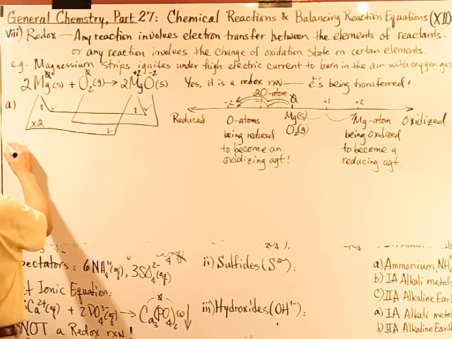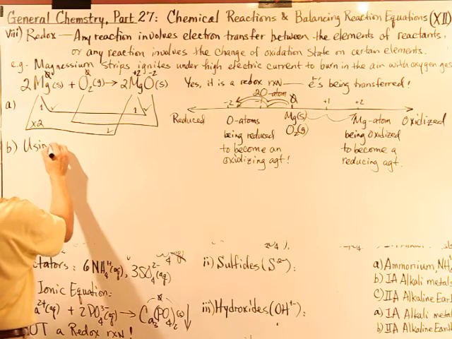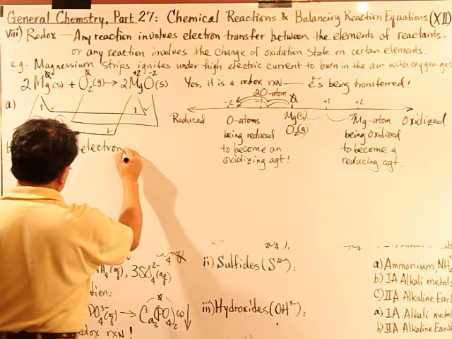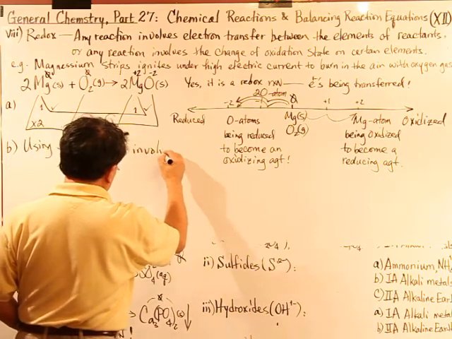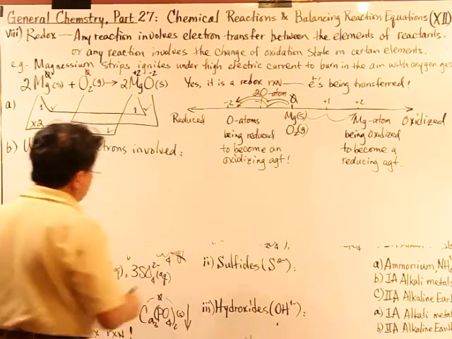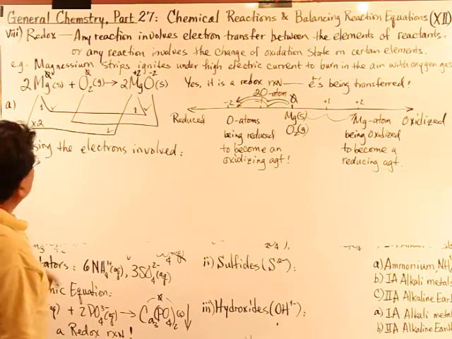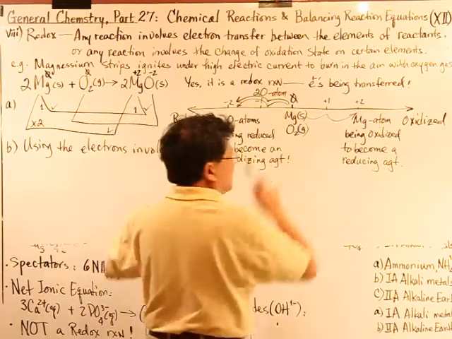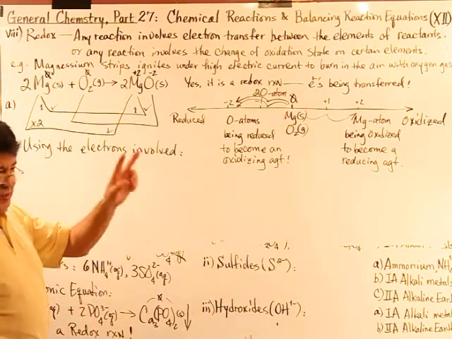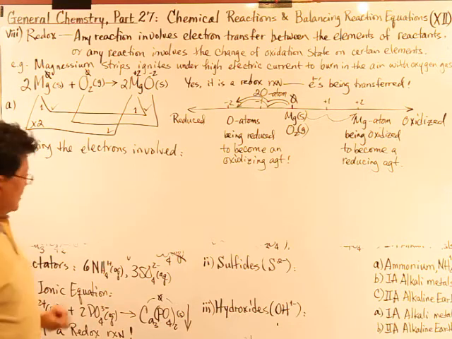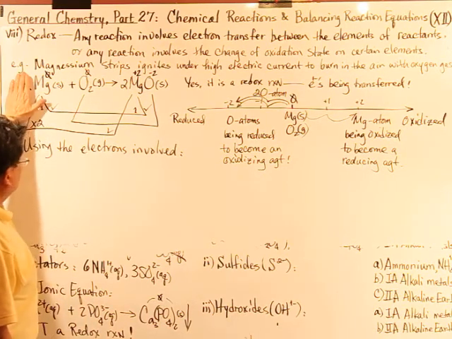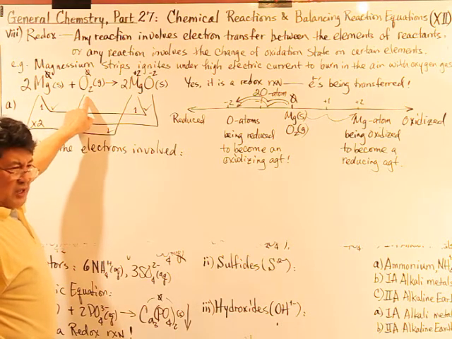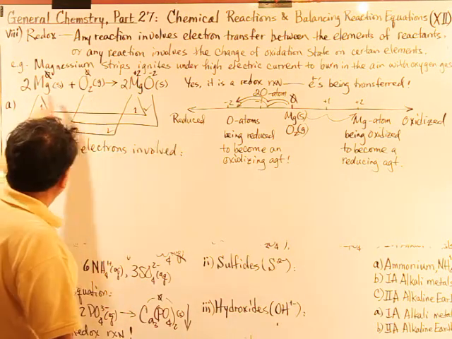And then if we're using the electrons involved, one magnesium can only offer 2 electrons to 1 oxygen, correct? But here we got 2 oxygen atoms that require 2 each, total 4 electrons.